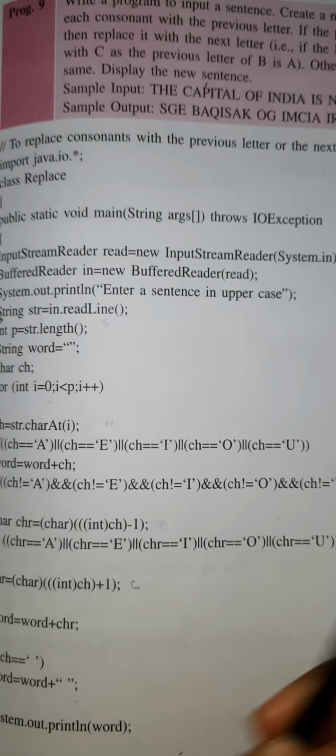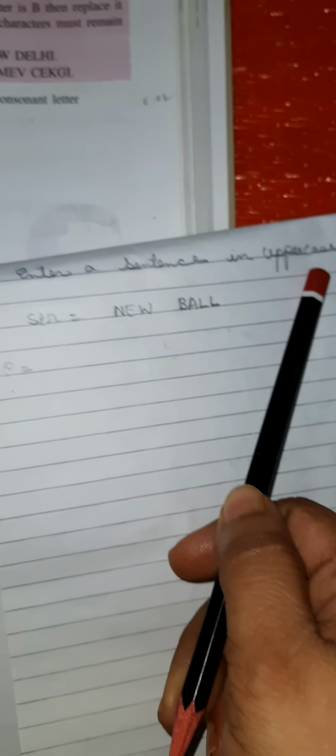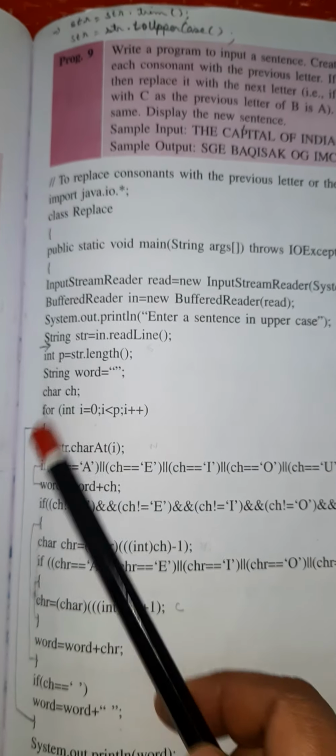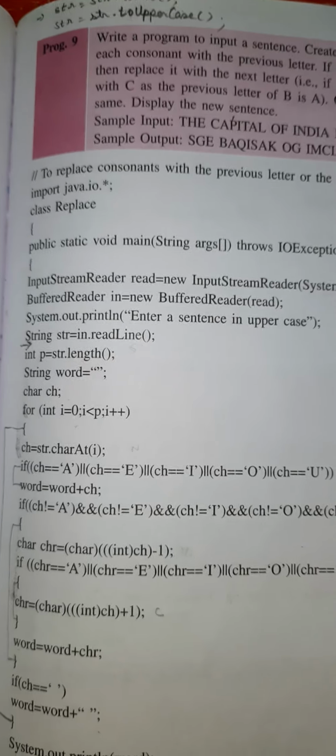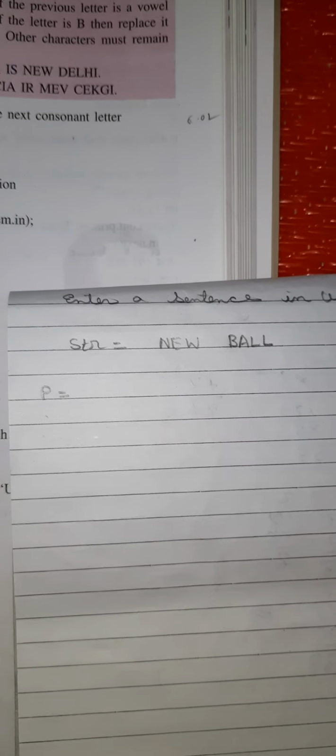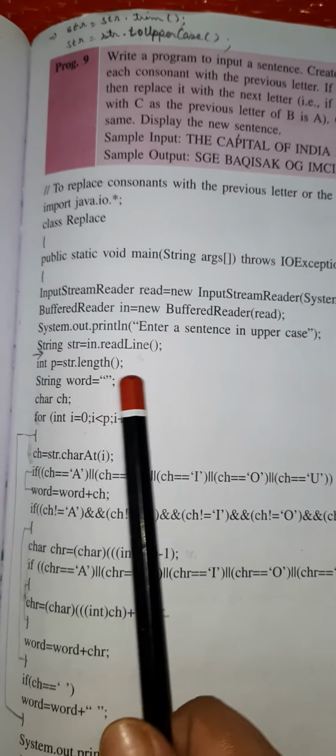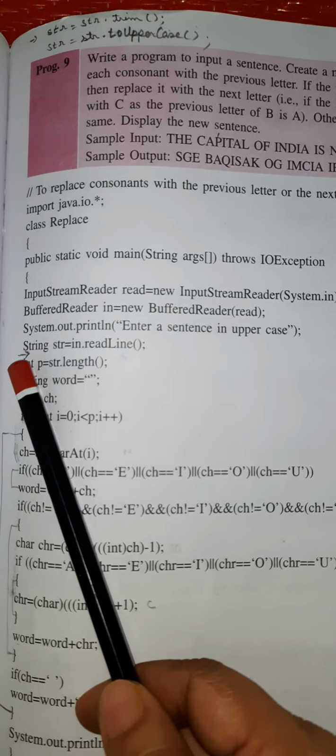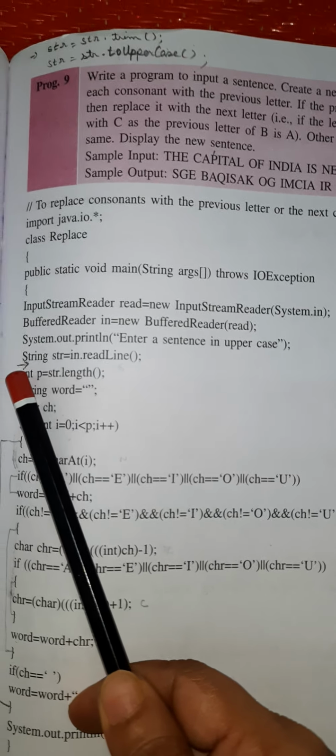Enter a sentence in uppercase. Then String str in dot readLine. So str equal to, we have taken new ball as the string. Next, we will include two statements.